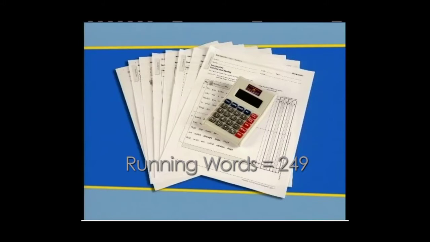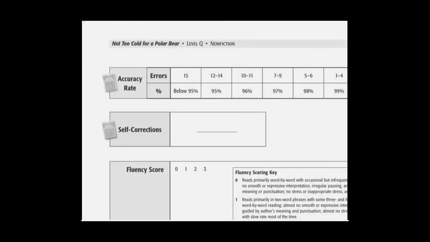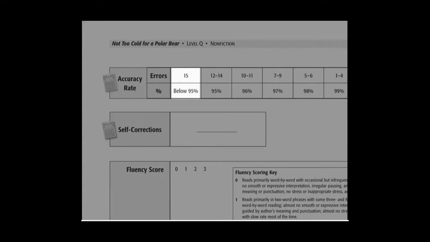For Madeline's accuracy rate, enter her total errors, 27, into the calculator. Alternatively, use the chart in the recording form to determine the accuracy rate. Madeline made 27 errors, so her accuracy rate is 89%.